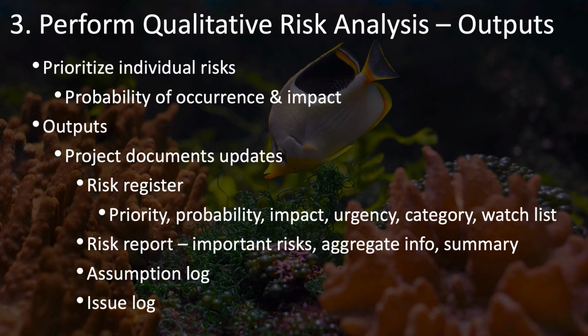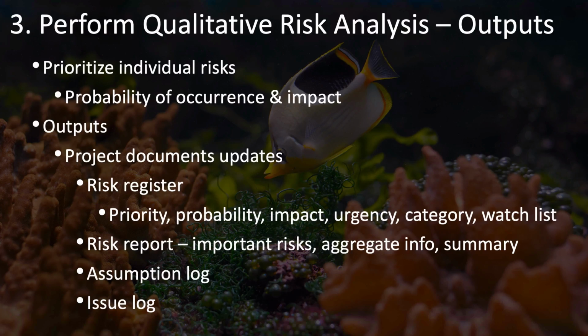By the time this process is done, the risk register will have the priority for each identified risk, the probability and impact assessment for each risk, and each risk's urgency, category, as well as a watch list of risks that aren't considered high priority, but which you want to keep an eye on to make sure that they don't become a problem.